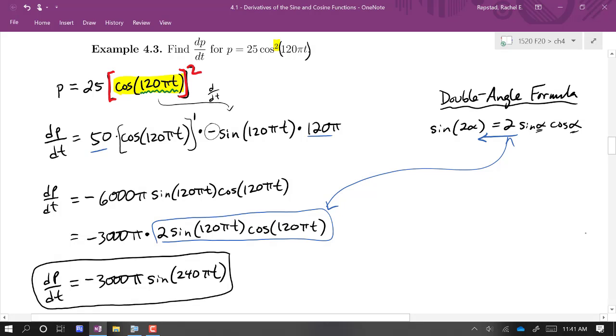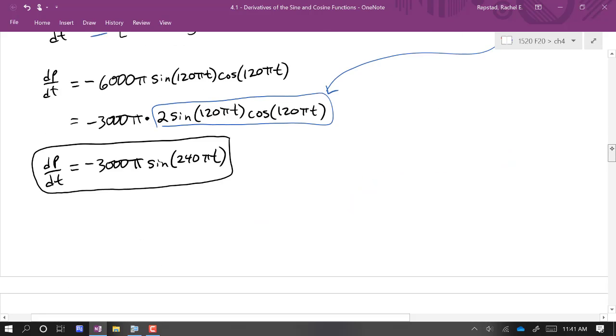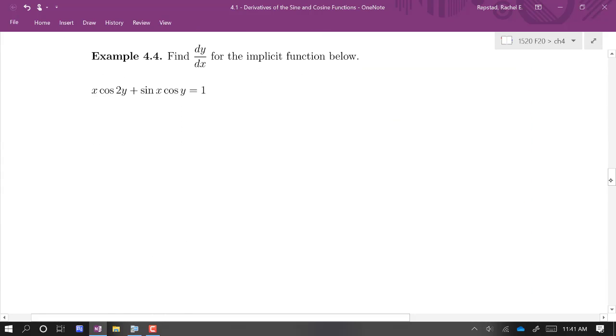All right, so we've been getting some practice, right? Learning these two new formulas. And, you know, when we want to make things a little more interesting, we say, let's try an implicit derivative. So here we have this equation that defines an implicit relation between x and y. We want to find dy dx.